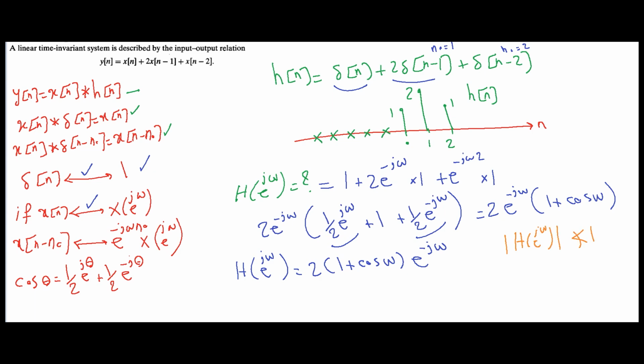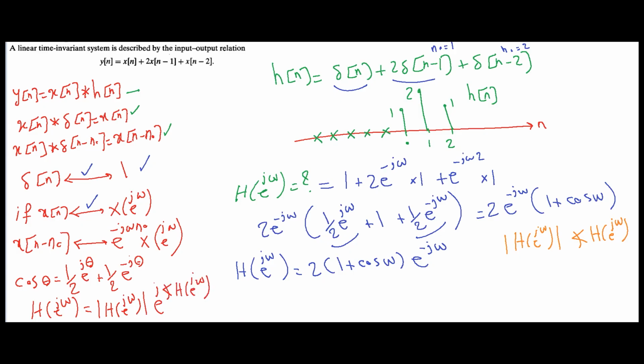Part 5. Magnitude and phase responses. Finally, we are asked to determine the magnitude response and the phase response. Recall that the frequency response can always be written as the magnitude response multiplied by e to the power of j times the phase response.